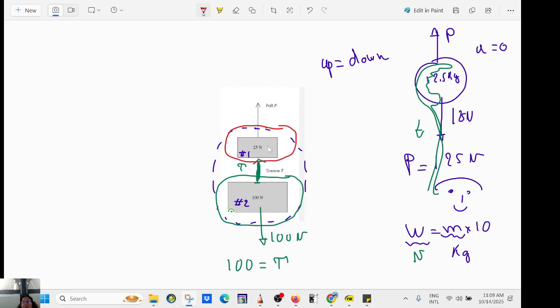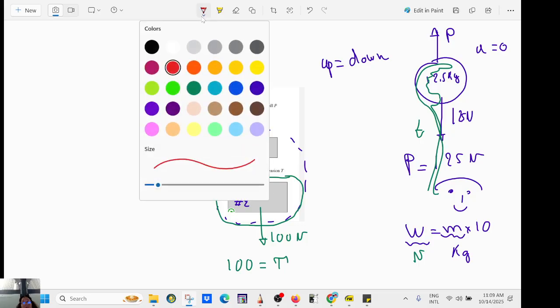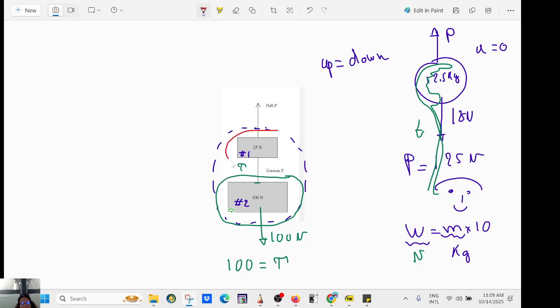And now I can focus on number 1. What is the force acting on number 1? The weight, very good. So I'm going to put a weight, 25 Newton. What else? The pull. Okay, so I have a pull. And what else? The tension, very good. Okay, it's not that intuitive.